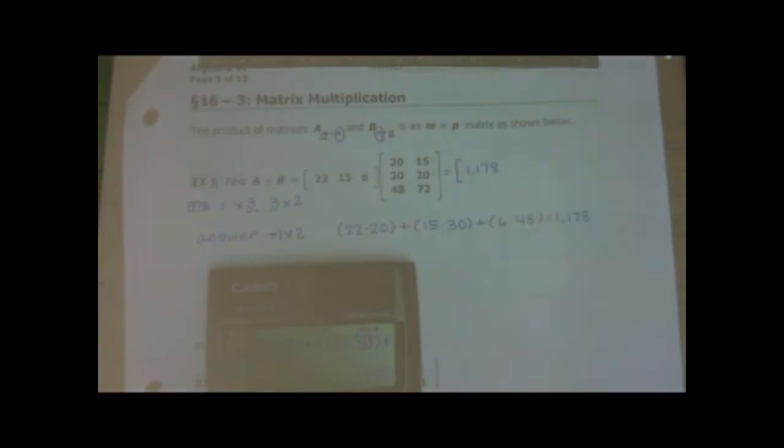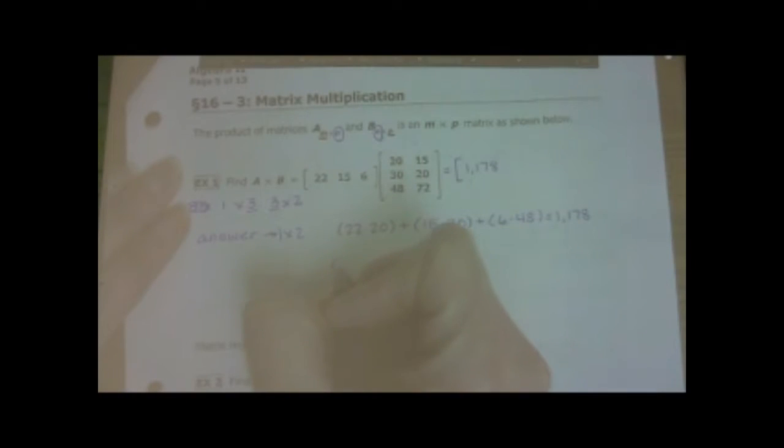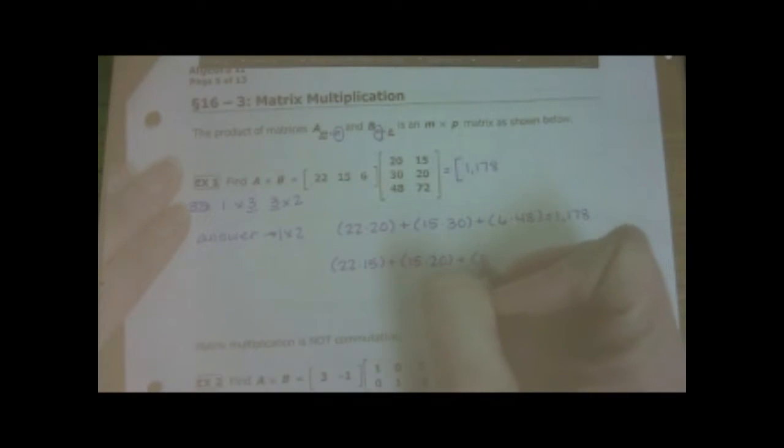All right? So now I need to do the next term here. And how this is going to work is it's this row times this column. All right? So here's what I've got. I've got 22 times 15 plus 15 times 20 plus 6 times 72.